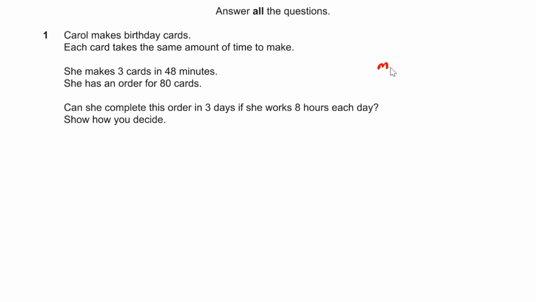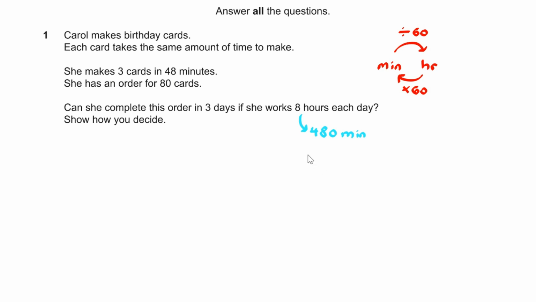To go from minutes to hours, we would have to divide by 60, and to go from hours to minutes, we would have to multiply by 60, and therefore 8 hours is equal to 8 times 60, which is 480. So she works 480 minutes each day.